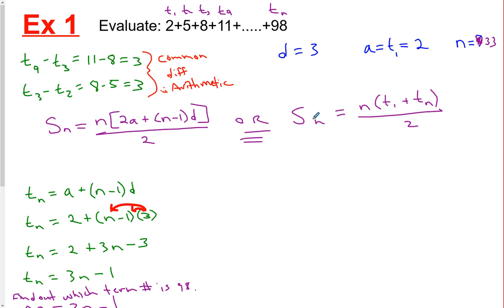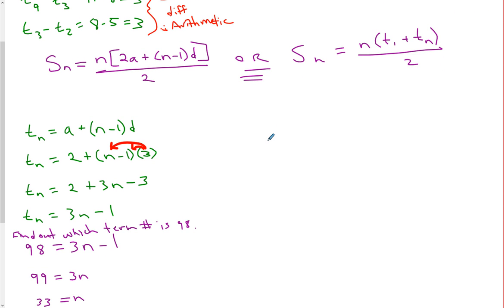Okay, so I'm actually ready to use one of my formulas to add these up. Now I could use either one, the one on the left or the one on the right. They're both going to give me the same answer. To me, it looks like using the one on the right is probably going to be a bit easier, a bit quicker. So that's what I'm going to do.